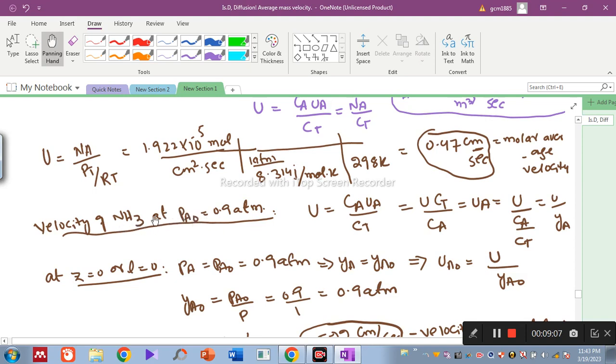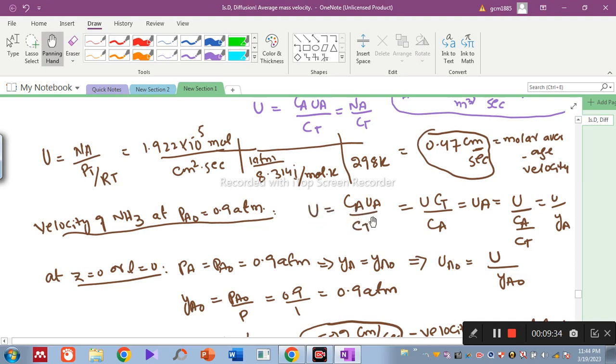So we will find the velocity of ammonia at the Z equal to 0 position. At Z equal to 0, the partial pressure of ammonia will be 0.9 atmospheric pressure, which we have already obtained. This is the molar average velocity, this is the concentration, this is the velocity, and this is the total concentration.